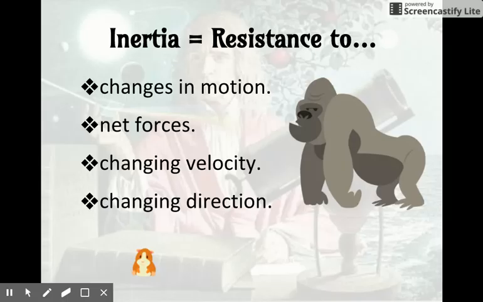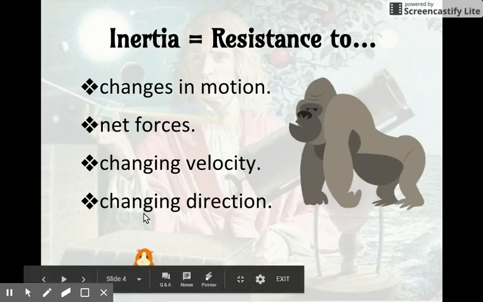If you think about it, if you're in a car and you're turning around a corner, your body wants to continue traveling in a straight line while the car is turning. And so you lean to the left or you lean to the right. So you have a larger amount of inertia compared to other objects. So it's harder for you to change your direction. So you feel that pull on your body as you're making a turn.